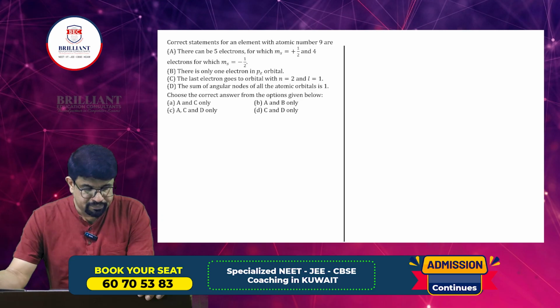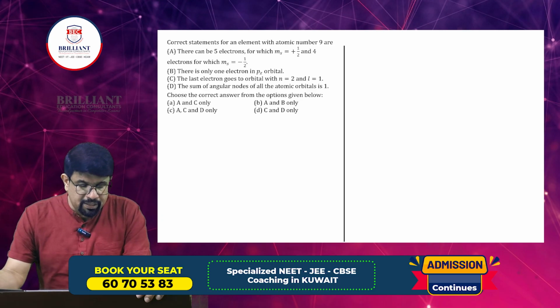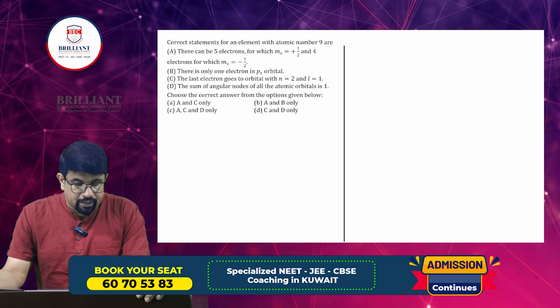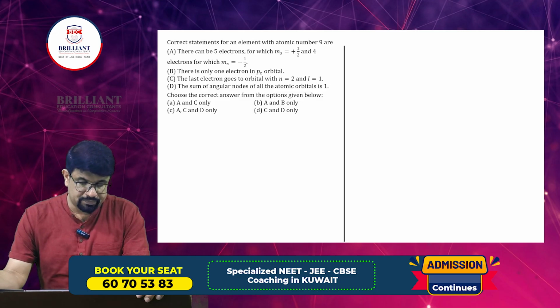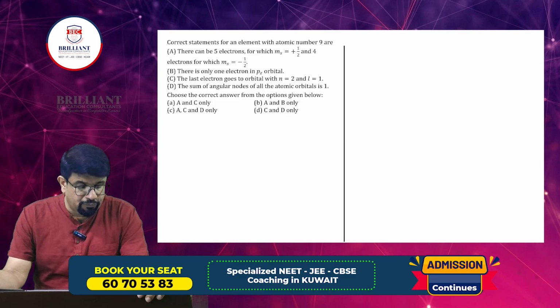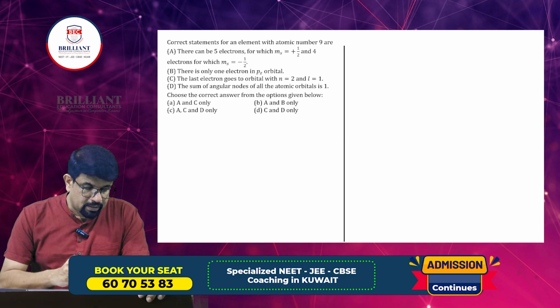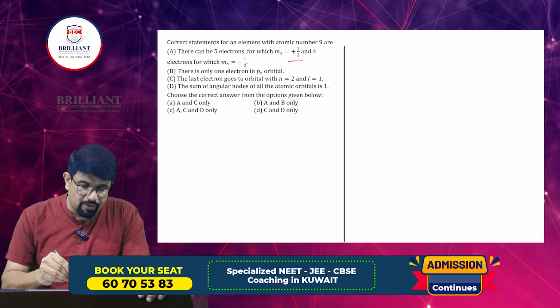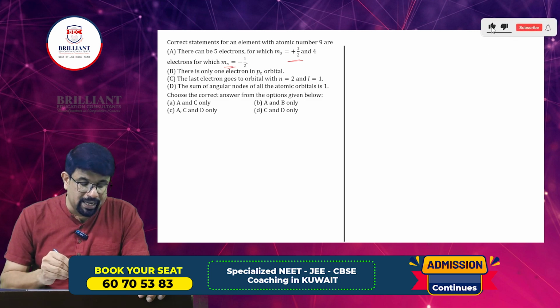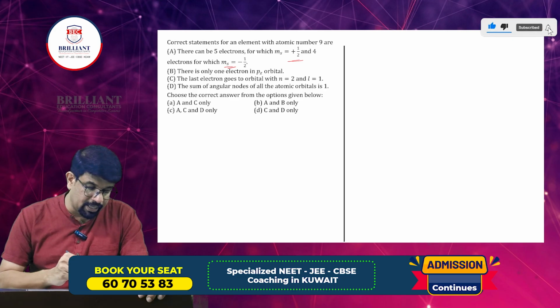Next question. Correct statements for the element with atomic number 9 are: here they are given 4 statements. A, there can be 5 electrons with the ms value plus half and 4 electrons with the ms value minus half, that is the spin quantum number, right?